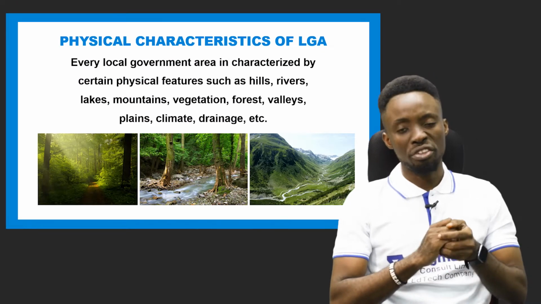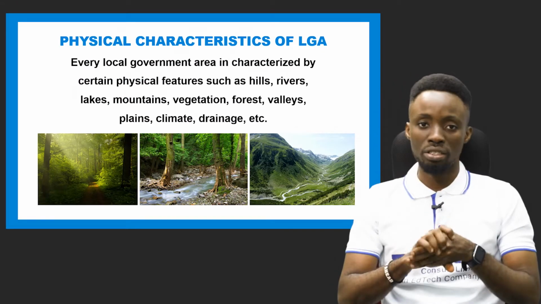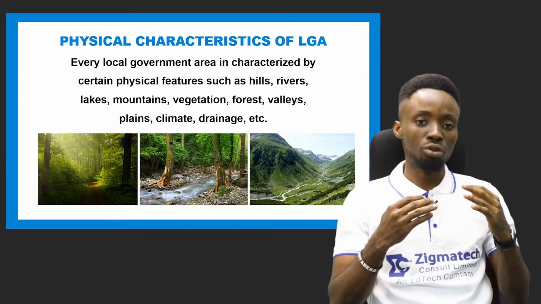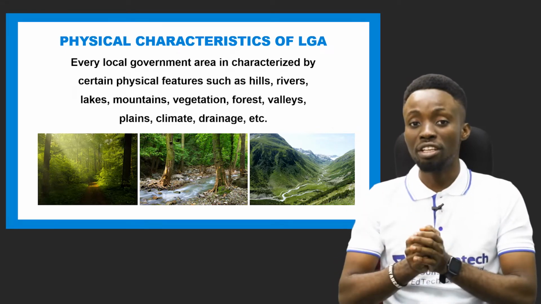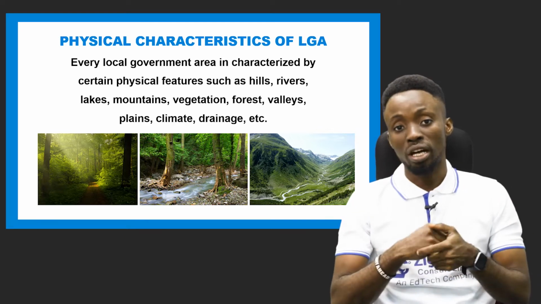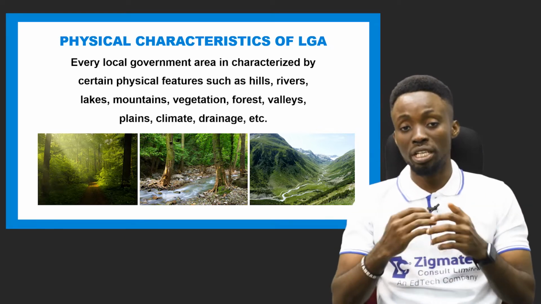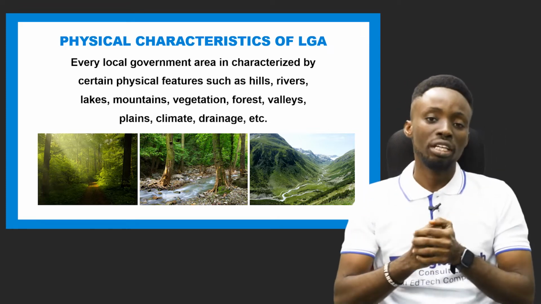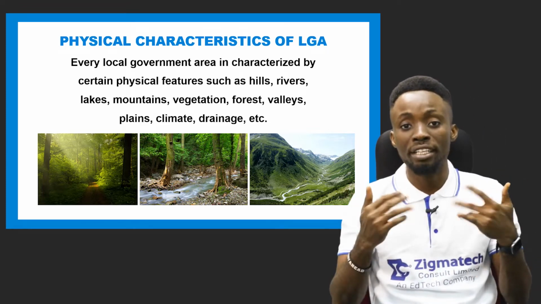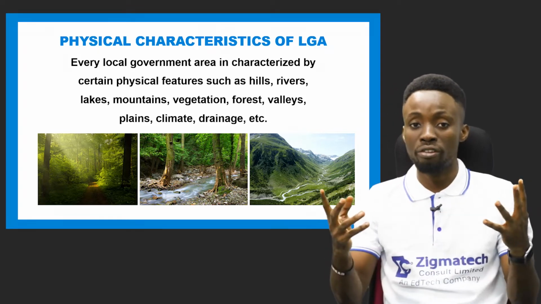So let's look at the physical characteristics of the local government area. Now, if you go to every local government area we have in Nigeria, you definitely find some physical features or some natural features in these local government areas. So, what are the physical features that we can find when we go to every local government area in Nigeria?